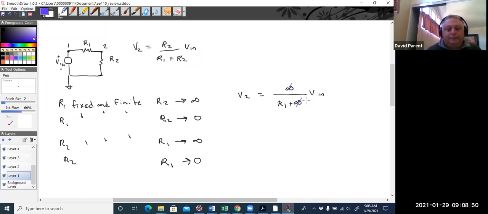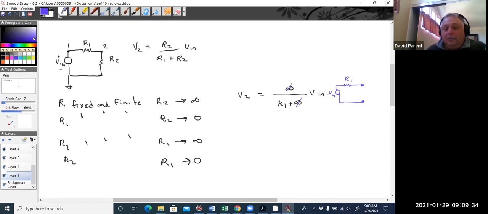But what does that mean, R2 going to infinity? Well, in a way, if R2 were truly infinity, no current could really pass through it. And that's very similar to R2 just not being there, right? So if an element's resistance goes to infinity, you just kind of take it out.